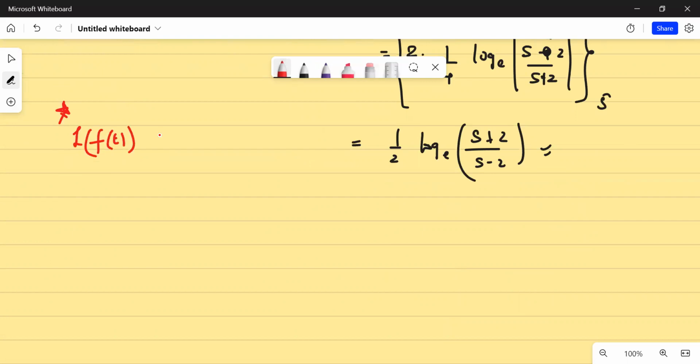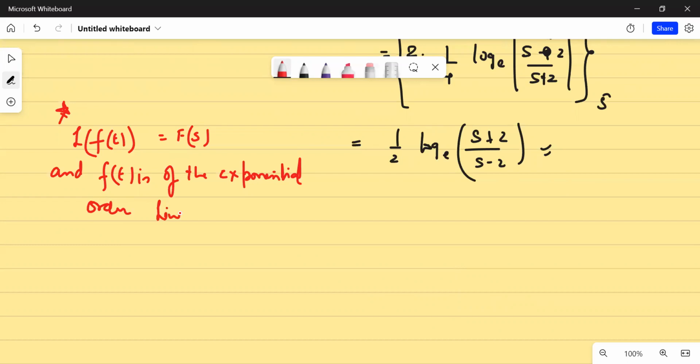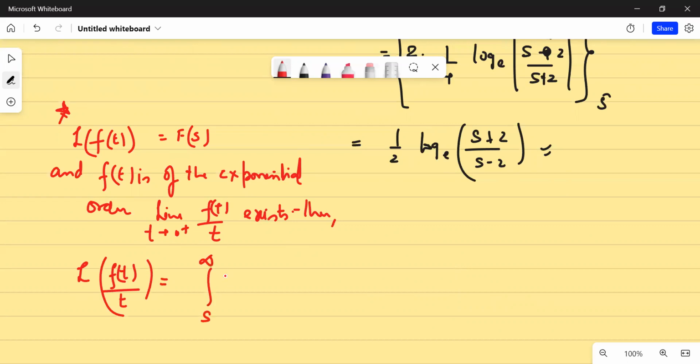So L of f(t), if it is given as F(s), and f(t) is of exponential order, this is something that I've already taught you, with the condition that the limit as t tends to 0 plus of f(t) upon t exists, then the Laplace transform of f(t) upon t is equal to integration s to infinity F(s') ds'.